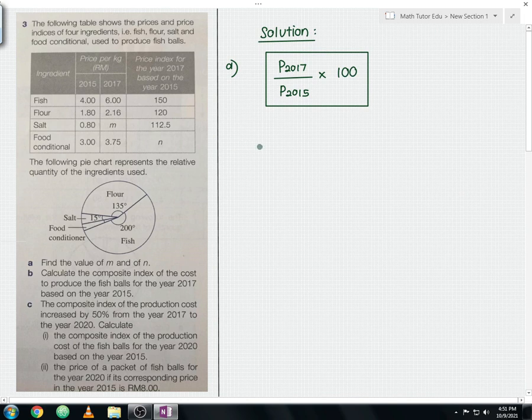Let us begin our working with M, and once we're done with M, then we can find N. So M, you divide with 0.80, you times with 100. So you should get the price index 112.5. Let me underline the fraction.